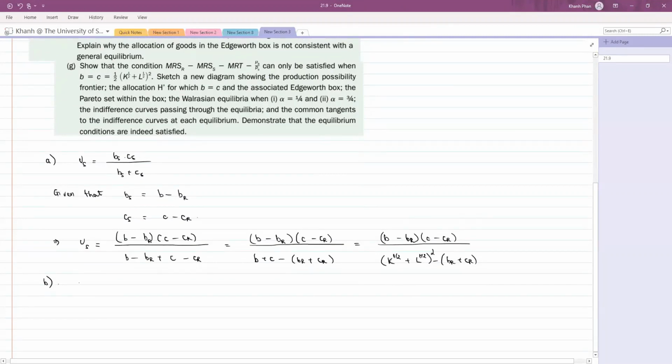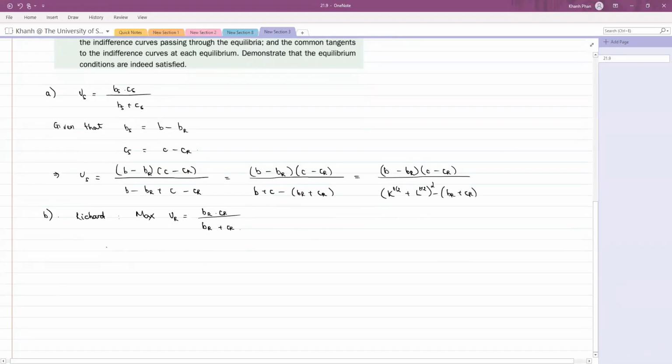So the problem for Recharge is to basically maximize his utility function UR, which is equal to BR times CR, everything divided by BR plus CR, subject to the constraint that Save is achieving a target utility of US0.